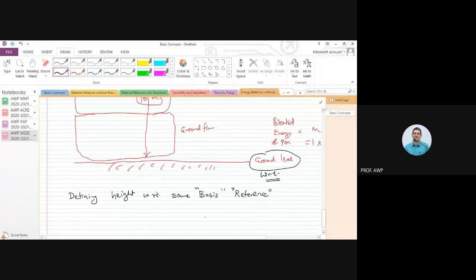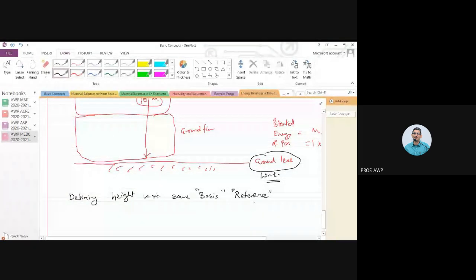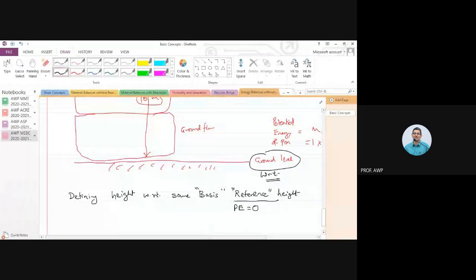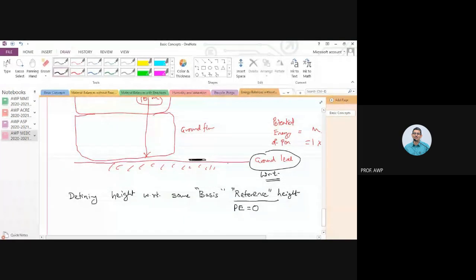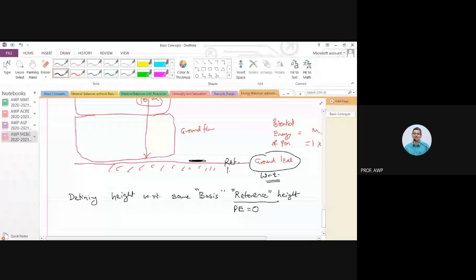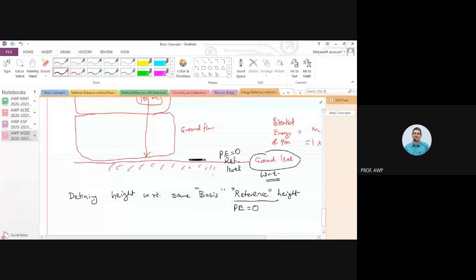And we will say that at this reference height, potential energy is 0. So if the pen was here, we said this is our reference level. We said that potential energy is 0 at this reference level.